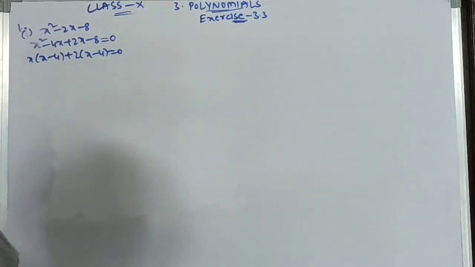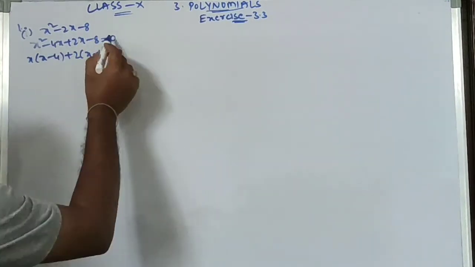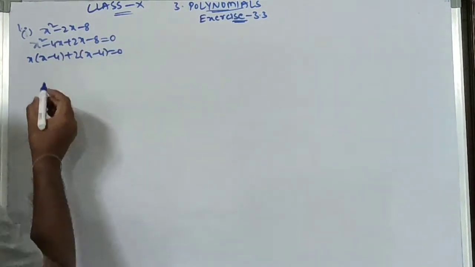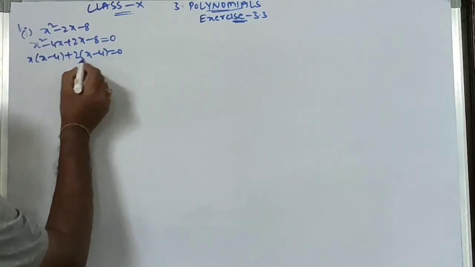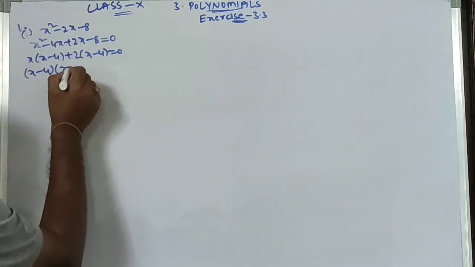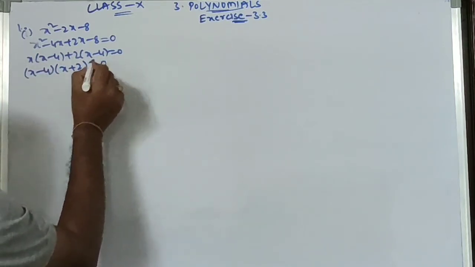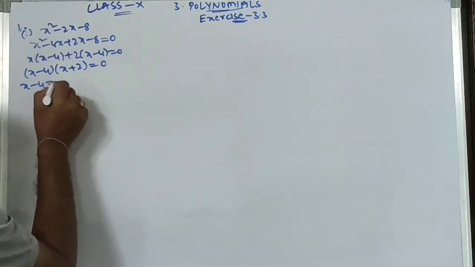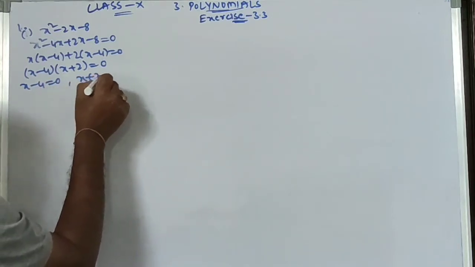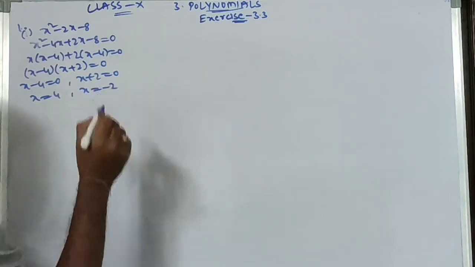So we need zeros; we make the polynomial equal to 0. That's why I am taking it equal to 0. Now I am taking x minus 4 common, and we are getting x plus 2 equal to 0. Either x minus 4 equal to 0 or x plus 2 equal to 0. x equal to 4, x equal to minus 2.